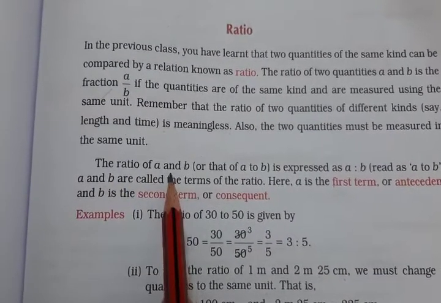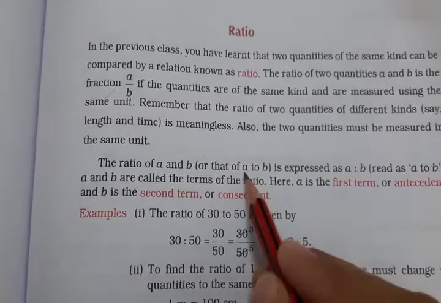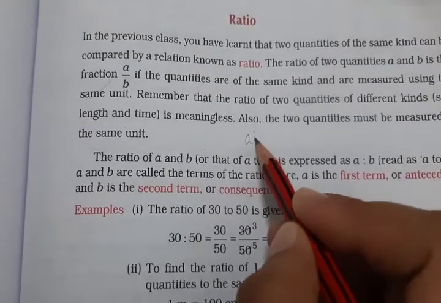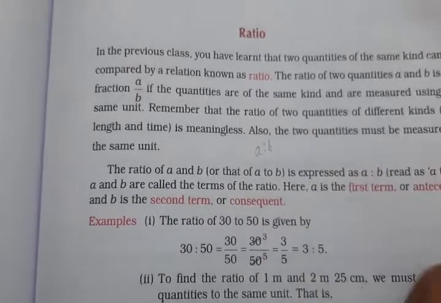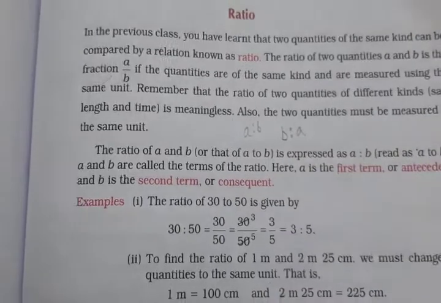The ratio of a and b, or that of a to b. If we are given a to b, how will we write it as a ratio? That is a ratio b. If we are given b to a, the ratio of b to a, how will we write it? b ratio a. Understand?